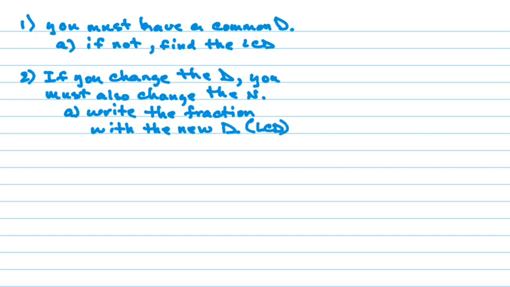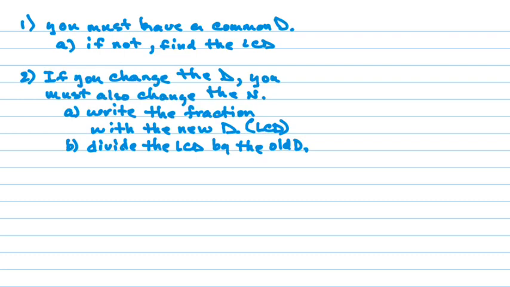Okay. Now, this is only if you have to change the denominator. If the denominators are already the same, who cares? You just go on, do your work. Okay? But if you do change it, next, divide the LCD by the old denominator.